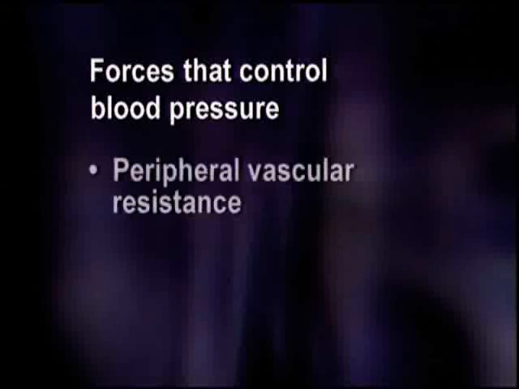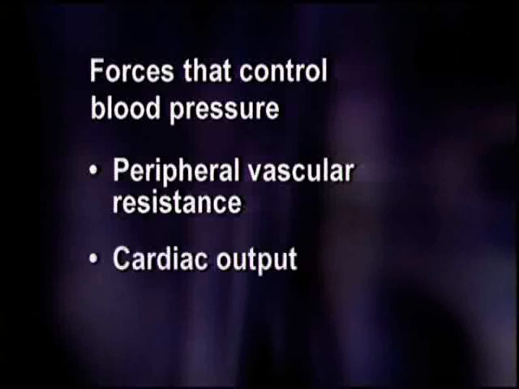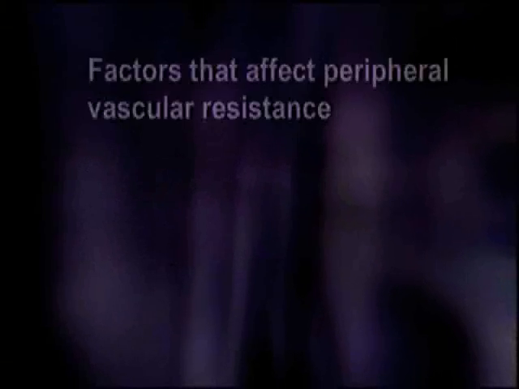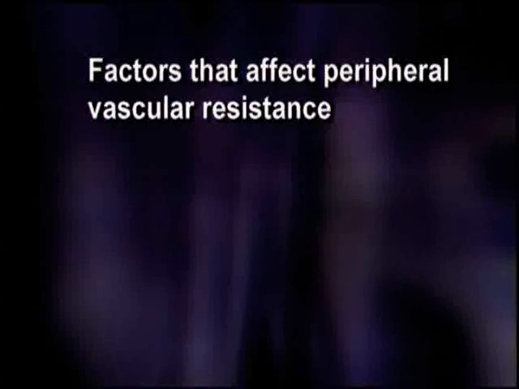Two major forces work to control blood pressure. They are peripheral vascular resistance, which is the artery's resistance to blood flow, and cardiac output, which is the amount of blood ejected from the heart in 1 minute. These forces are affected by various factors.